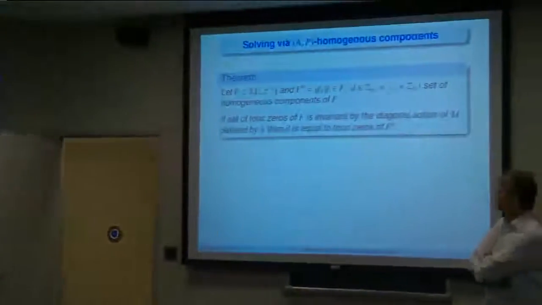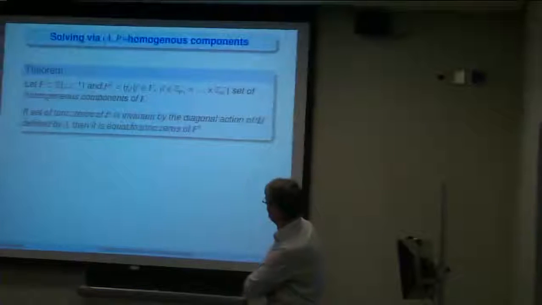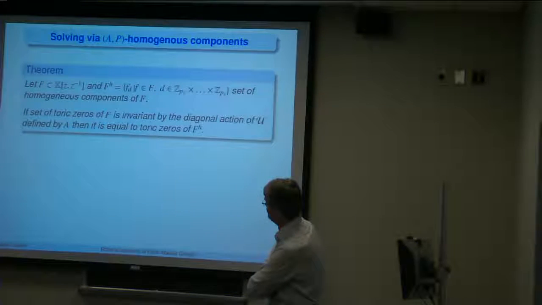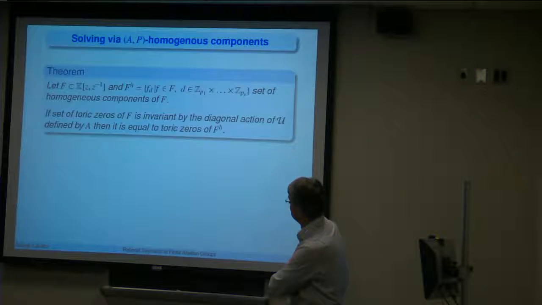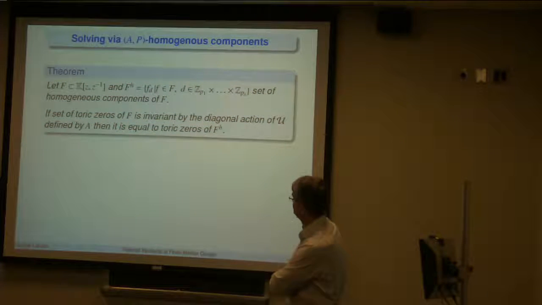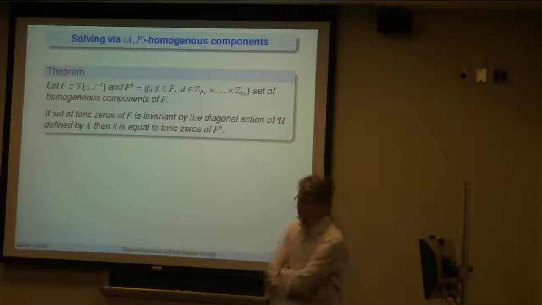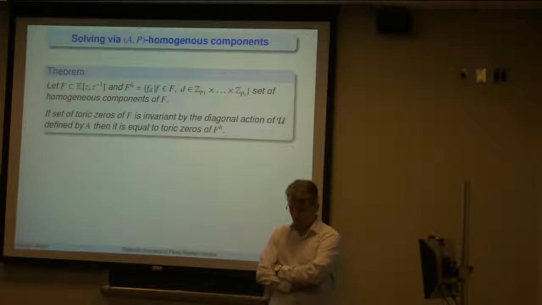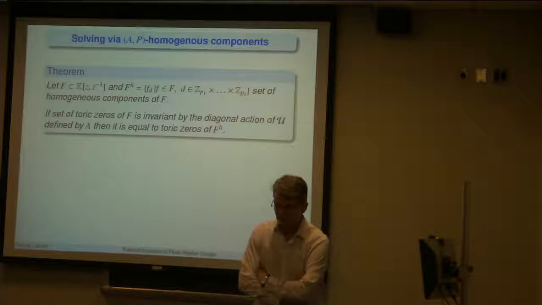There is a theorem that says the following. If I take a rational polynomial in Z and Z minus 1, and I break it down into the homogeneous components, and then a set of toric zeros, toric means that none of the components are 0.